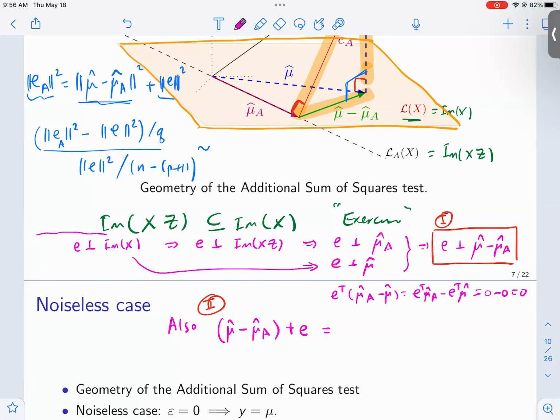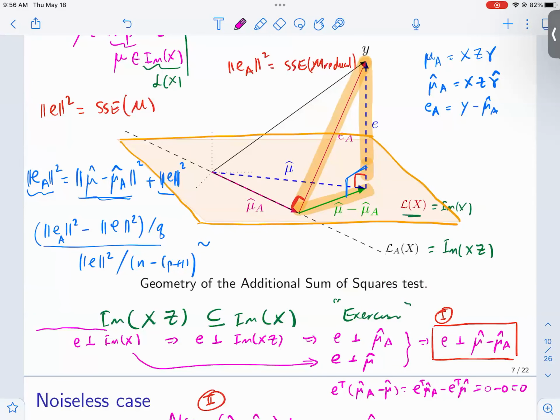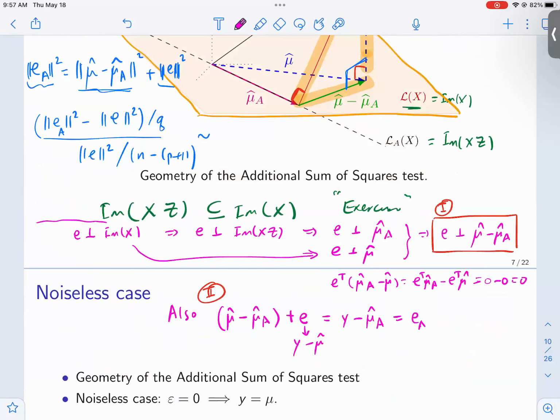E is y minus mu hat, right? So this difference, mu hat minus mu hat A plus E, where E is y minus mu hat, what would I get? What is y minus mu hat A? EA, yeah. So this is like the residual vector in the reduced form.